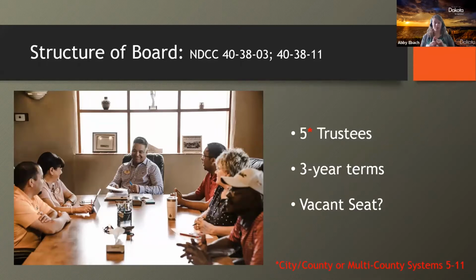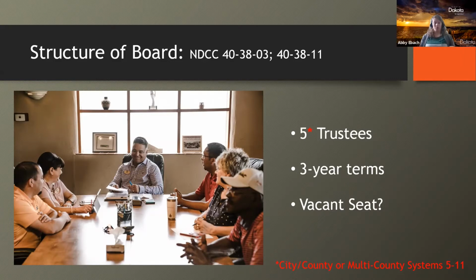The little asterisk is that if you are a city county or like a multi-county library system, statute dictates 5 to 11 members. Century Code also mandates that those boards have equal representation from each municipality. So 3 from each county, 3 from the city, 3 from outside of the city, whatever that structure may be that fits your specific situation.